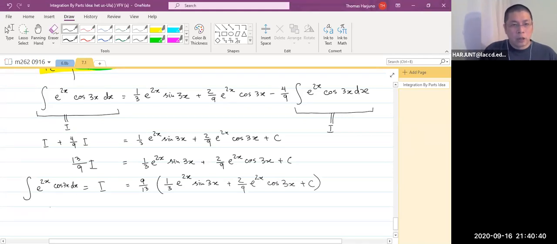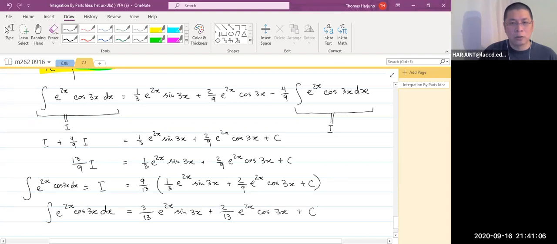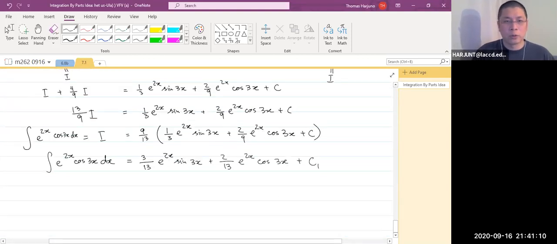So that integral now is done. It equals 3 over 13 e to the 2x sine 3x plus 2 over 13 e to the 2x cosine 3x plus another constant, let me call that C1. Not C anymore.